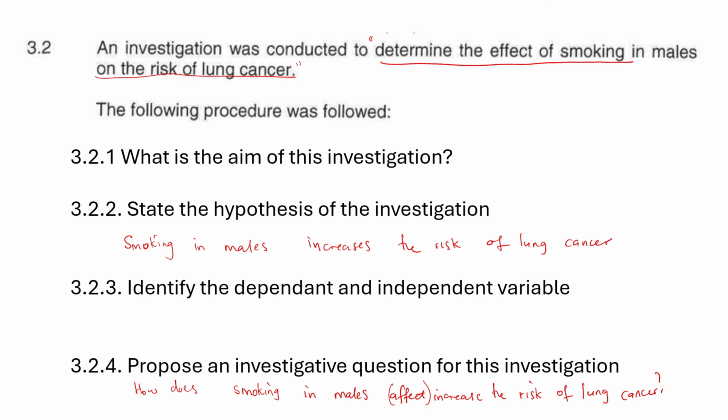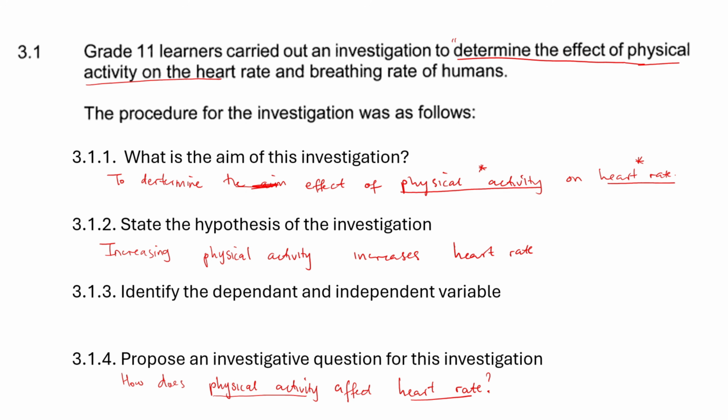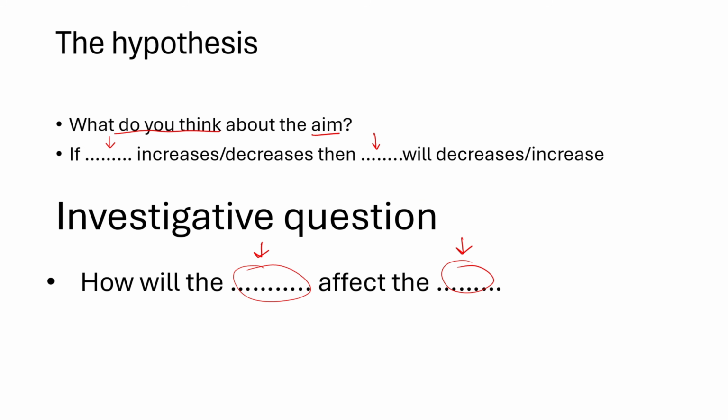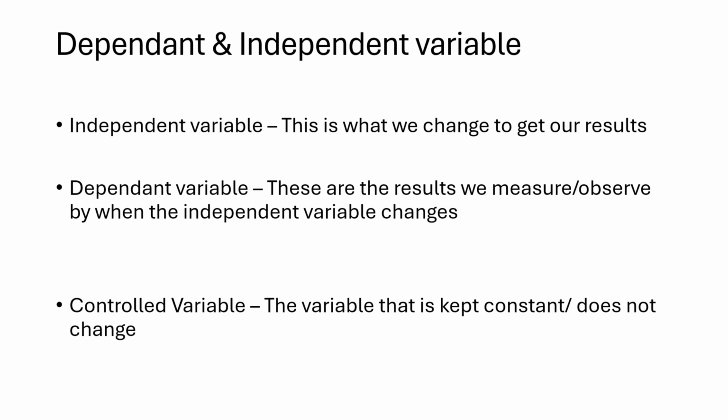You state it in the form of a question. You put a question mark at the end to indicate that this is an investigative question. And now the dependent and the independent variable, these are the two things. The independent variable is what we are changing so that we can get our results. Remember that for an investigation, we change something so that we can see its effect on the results.